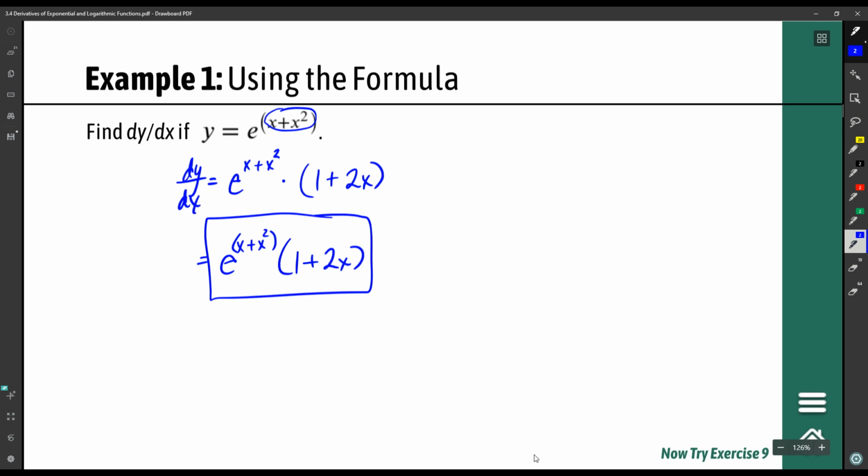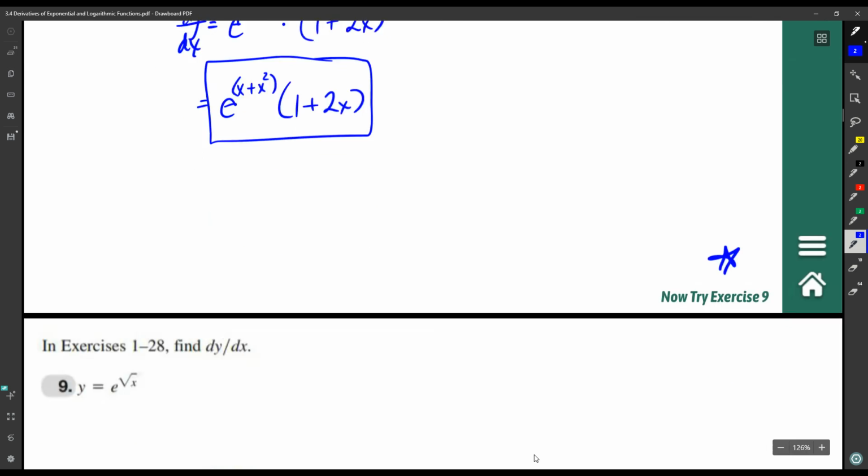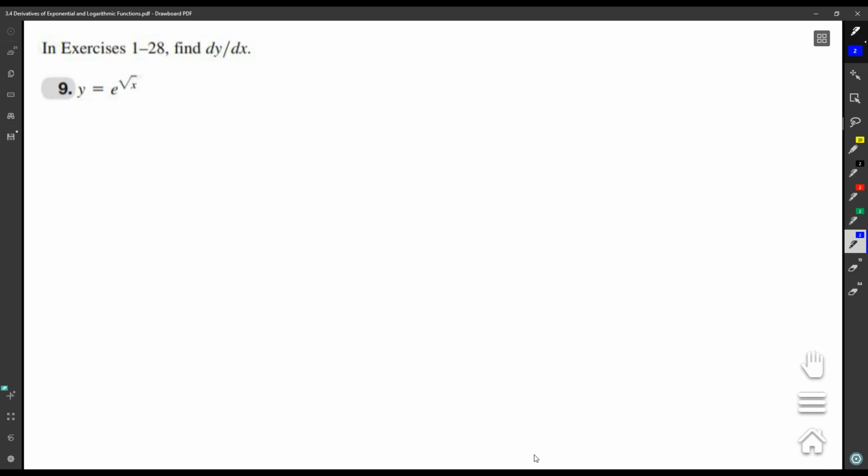There's our derivative. Now, let's try exercise 9 from the text. In exercises for this section 1 through 28, we just want to find dy/dx. So here's y defined as e to the power of the square root of x. So dy/dx will be, first of all, itself, e to the square root of x power, times now the derivative of that exponent. The exponent is the u, so we can even make a note of that here.